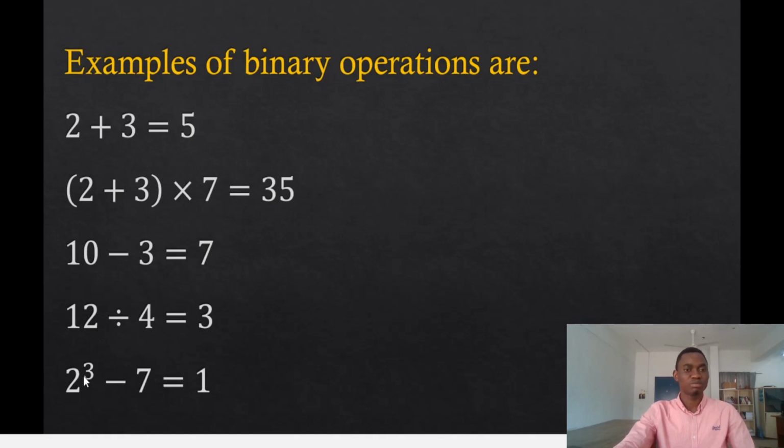Also, 2 raised to the power of 3 is a binary operation, exponential. 2 is the first element, 3 is the second element. So 2 raised to the power of 3 is 8. Then 8 minus 7 returns 1. So these are examples of binary operation. With this, I believe you have an idea of what a binary operation is all about.